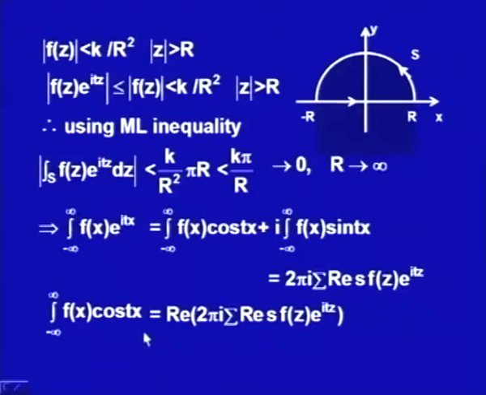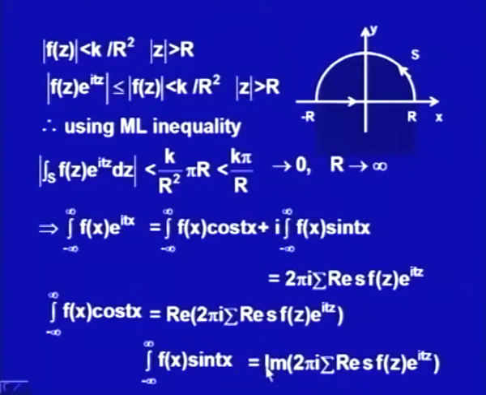And when we compare the imaginary parts, we get that the integral of f(x) sin tx dx is the imaginary part of 2 pi i times the summation of the residues of f(z) e^(itz), where the summation is running over all the poles in the upper half plane.